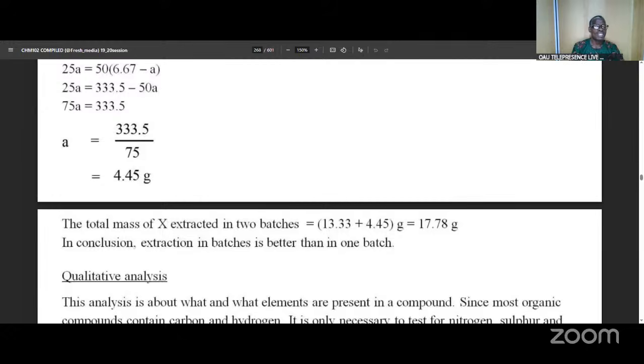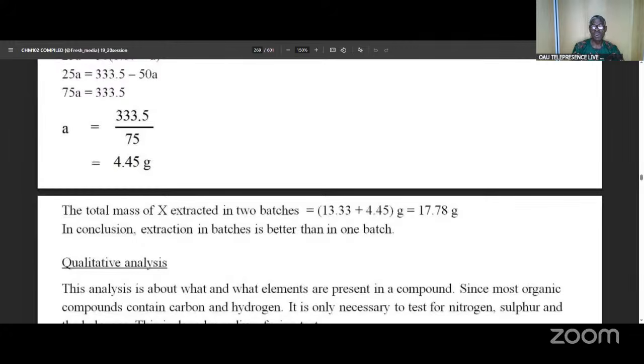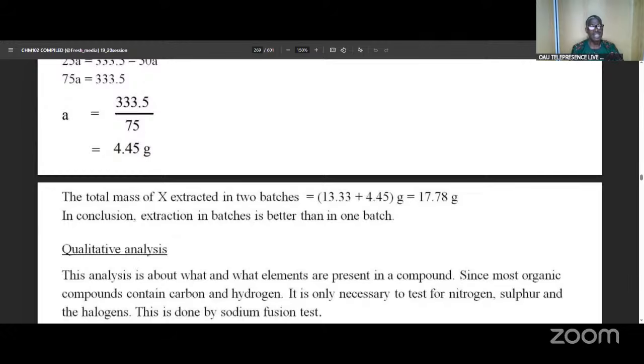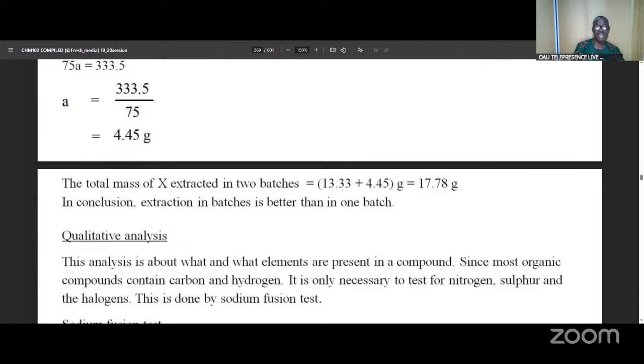Now, let's see the beauty of extracting our compound in 2 batches other than in 1 batch. So the total mass of X extracted in 2 batches is equal to 13.33 plus 4.45, giving us 17.78 grams.